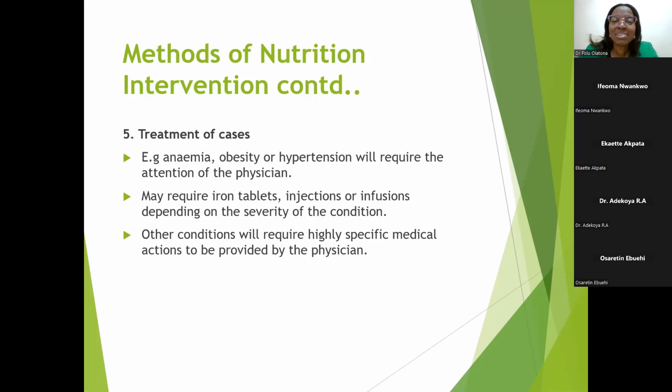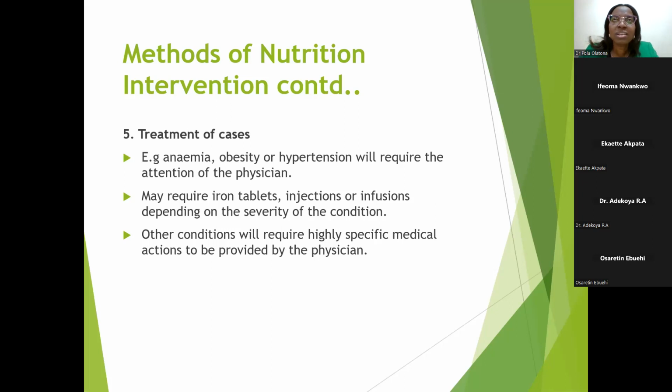If you go to a community and we measure their weight and height, adults, we measure their waist circumference, hip circumference, and after all the measurement and analysis, you discover that 25% of women are obese, 20% of men are obese. That will require attention.